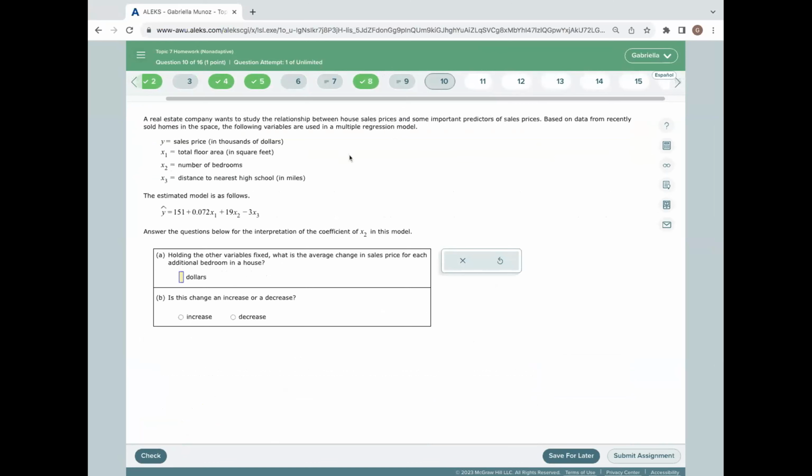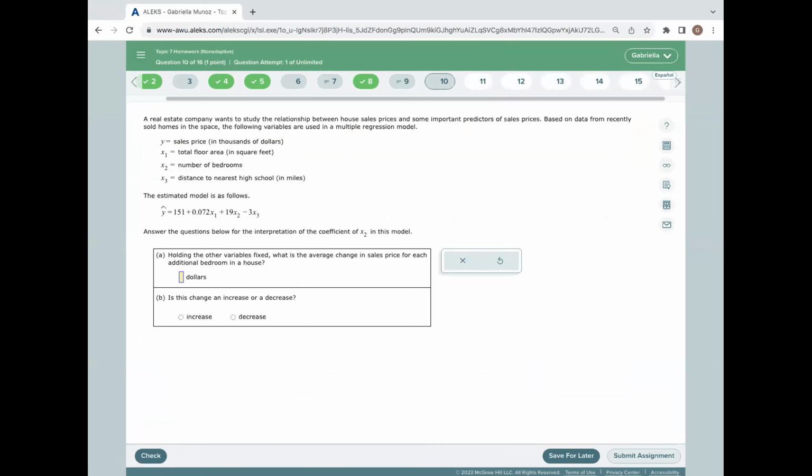Can you help me with this one? Yeah, this one's fine. If you look at the estimated model, you can see now there's three variables: X1, X2, X3. X1 is the total floor area, X2 is the number of bedrooms, X3 is the distance to the nearest high school.